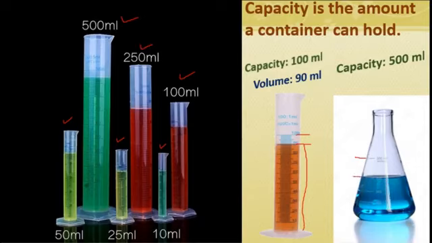You can read here, that is 400 ml. See, this is the volume of a liquid. And the capacity is up to here. This much is empty here, 100 ml is empty. Got this, students?